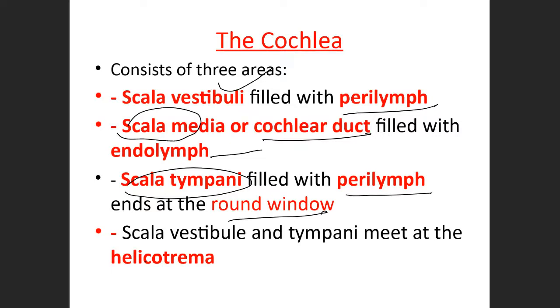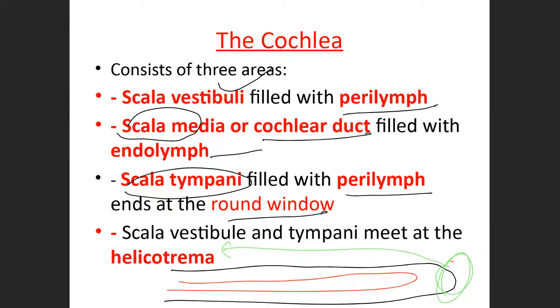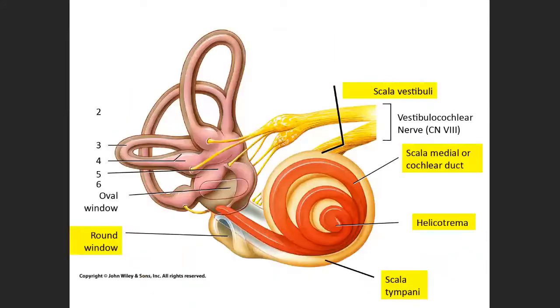If you had it as a tube and the other tube inside, the helicotrema was the tip of the tube right there. In a model, the helicotrema will be that right there. So this will be the scala tympani, obviously the scala media, and on top will be the scala vestibuli.